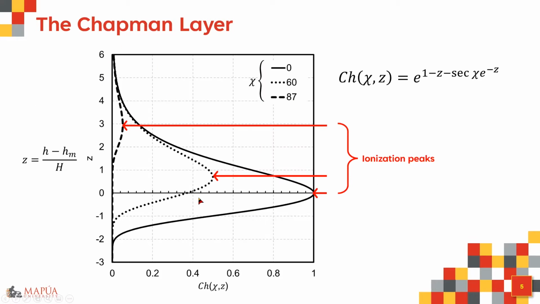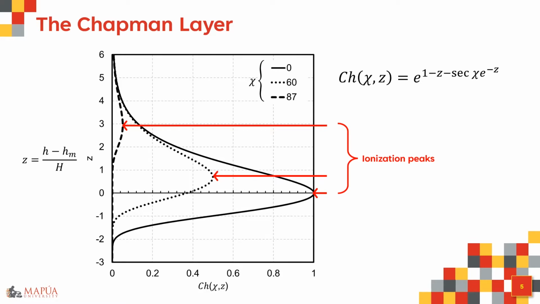We already discussed how the Chapman layer is derived, but basically it tells us that the peak ionization is a function of chi, which is the zenith angle, the angle between the vertical and the direction of the sun, as well as of the heights at which these gas molecules are found, because the atmosphere is composed of different gases.